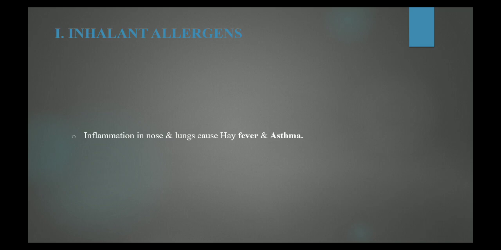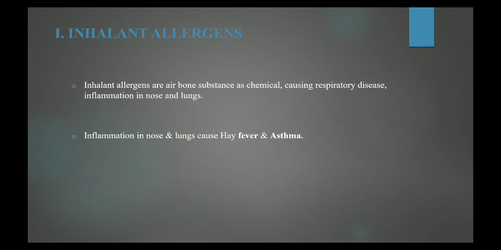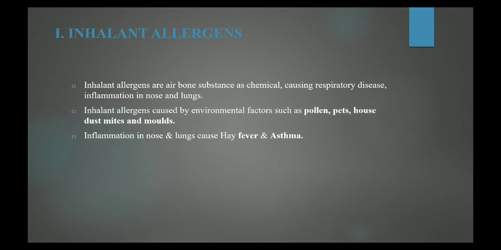Inhalant allergens are airborne substances, such as chemicals, causing respiratory diseases and inflammation in the nose and lungs. Inhalant allergens are caused by environmental factors such as pollen, pets, house dust, mites and molds.